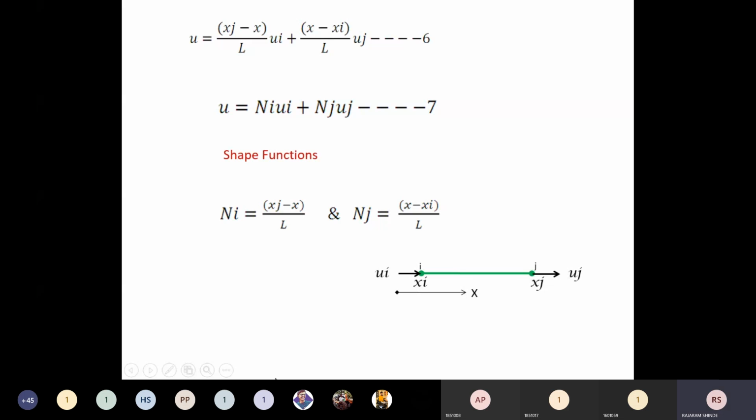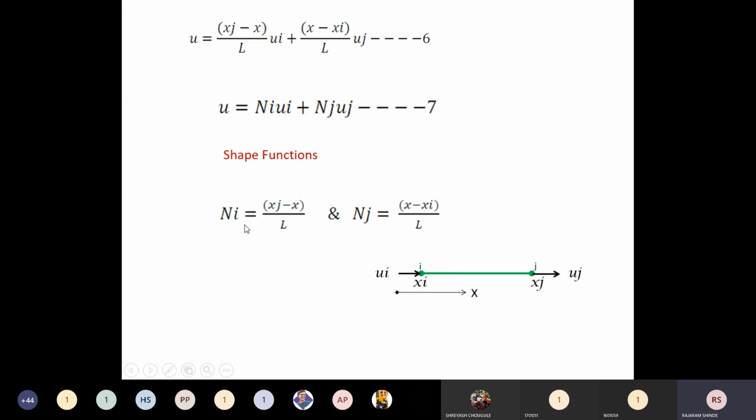Xj minus xi upon L. What is xj minus xi? L. And L by L is 1. That means shape function Ni at node I is 1.